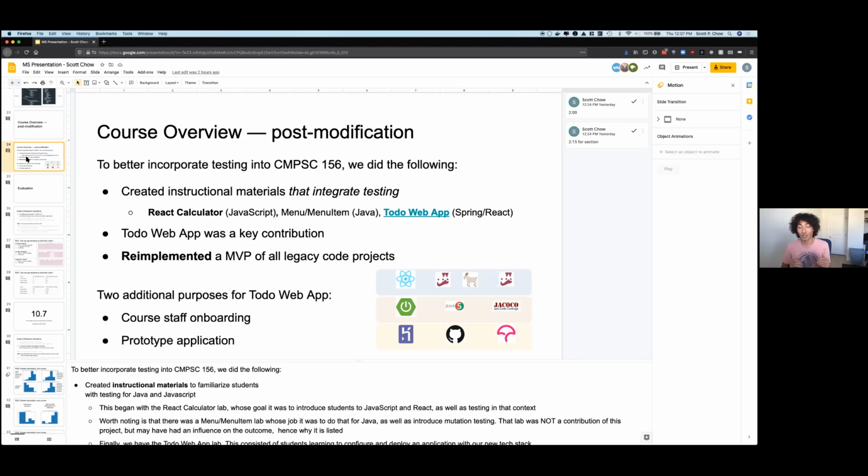You need to train the instructional staff in the basics of how to actually, what is this tech stack? How do you run it on your machine? How do you set up all of the corresponding components?